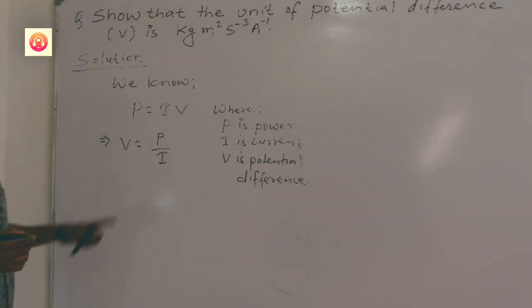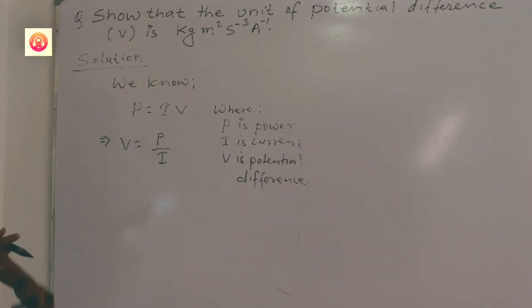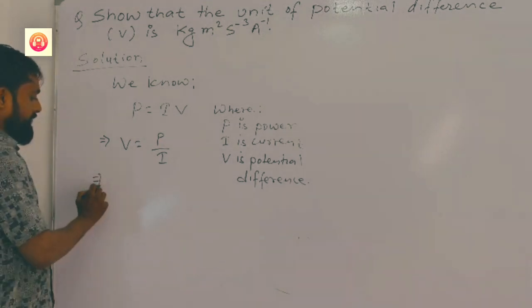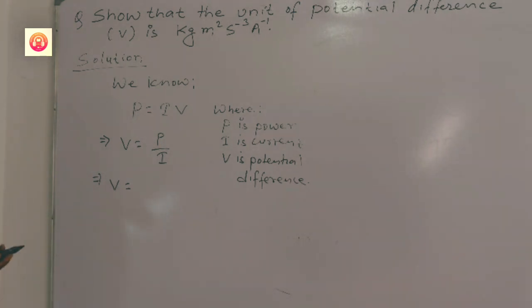So here current is a fundamental unit. Now the power is a derived quantity. So convert the power into the form of fundamental quantities.